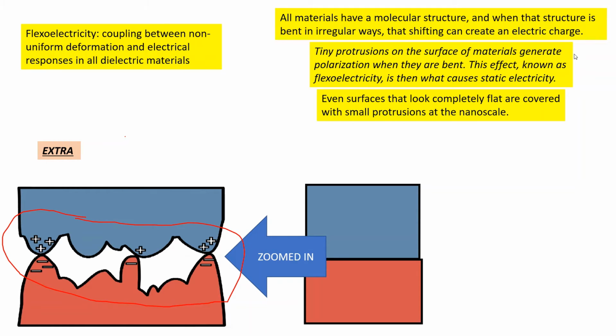Tiny protrusions on the surface of the material create polarization when they are bent. This effect, known as flexoelectricity, is what causes static electricity. Even surfaces that look completely flat are covered with small protrusions at the nanoscale. So this is called flexoelectricity, where you have deformation of the surfaces between two objects, and that results in electrical distributions.